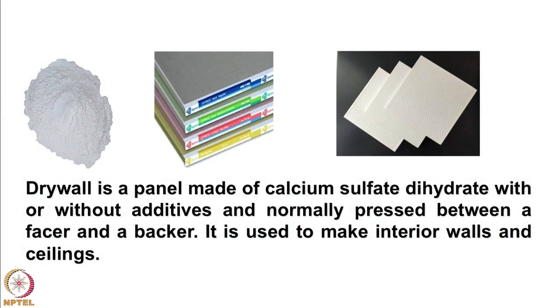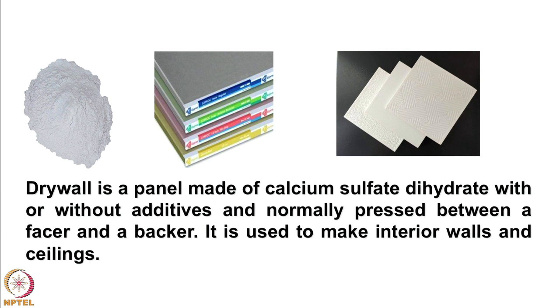This is how plaster of Paris, that is calcium sulfate hemihydrate, looks like. From this, with proper methodology, one can make small tiles, or one can also make sheets of this type, and they can be used as partition walls. The major utility comes from their resistance to temperature.